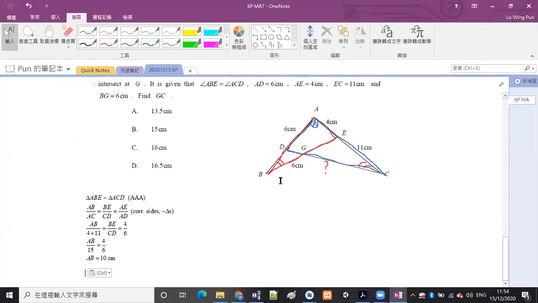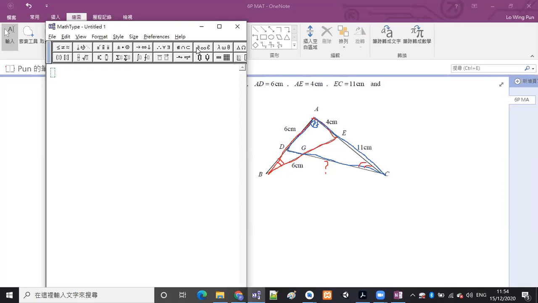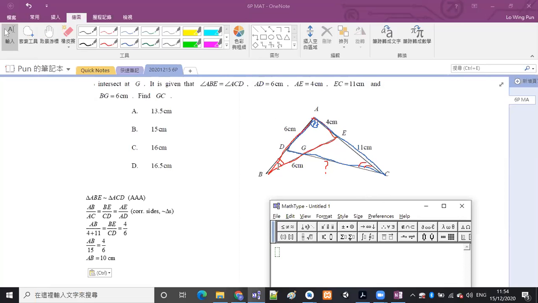AB is equal to 10 cm. OK, but now that we know AB, how can we find GC? Let's see. If AB is equal to 10 cm, first we can find BD.